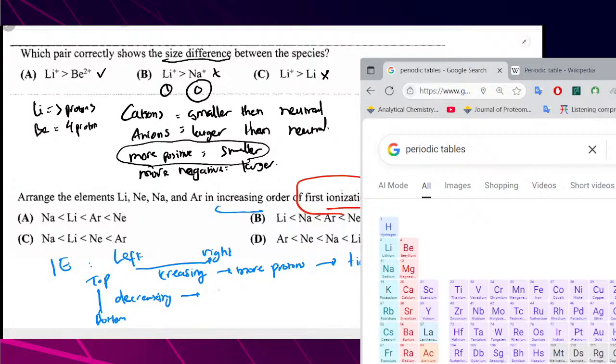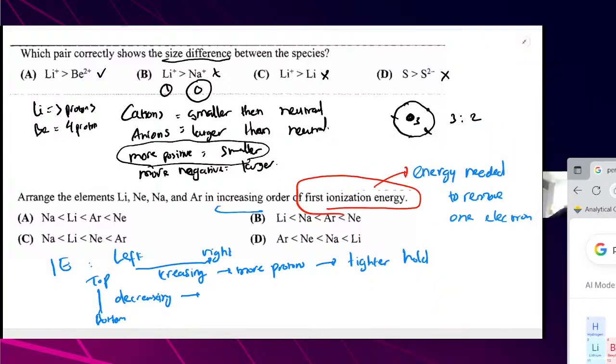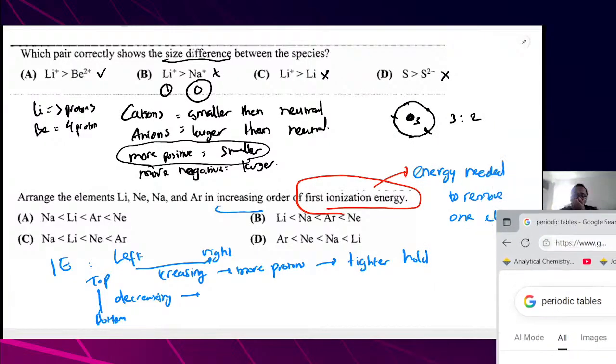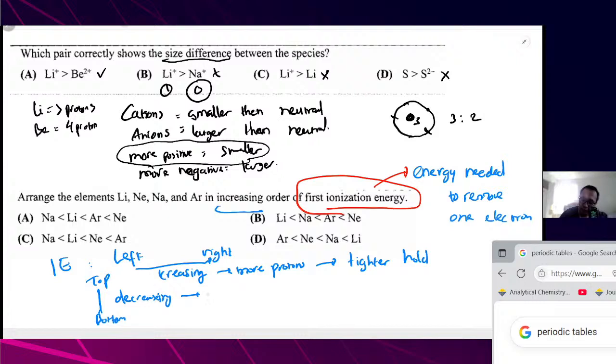Because it has a larger size or many more shells. With more and more shells, it is easier to remove an electron. So with larger shells or atoms, the hold is looser.